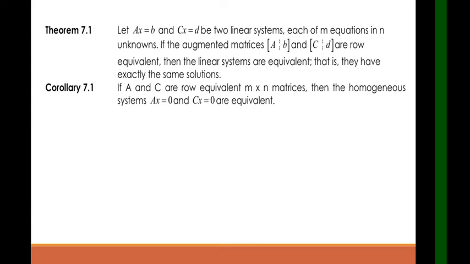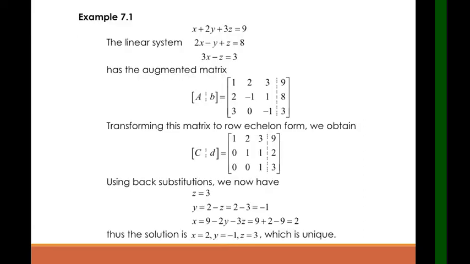If A and C are row equivalent M by N matrices, then the homogeneous systems AX equals 0 and CX equals 0 are equivalent also. To understand this theorem and corollary better, let's have an example.